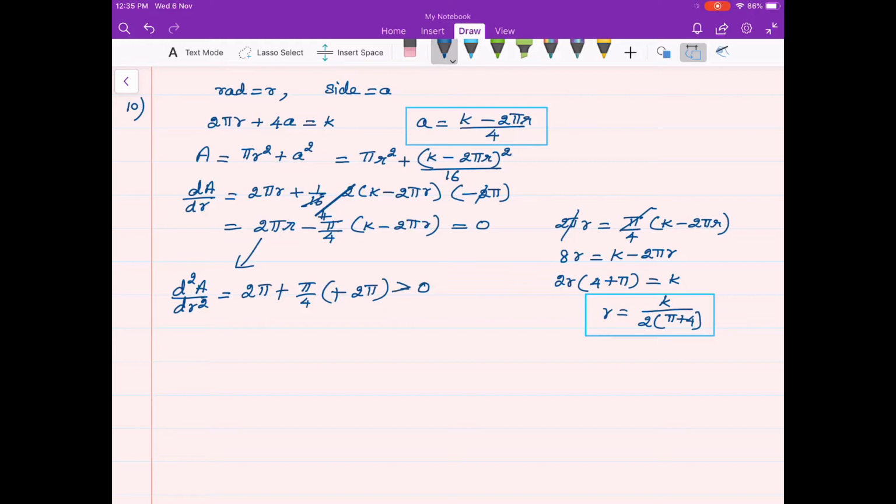We have plus sign in between the terms. Therefore, it is greater than 0. Therefore, sum of their areas is minimized when r is k over 2 times π plus 4.